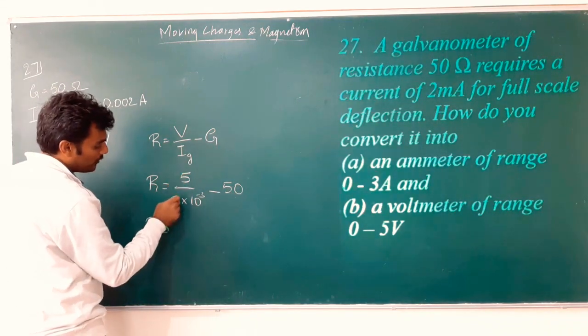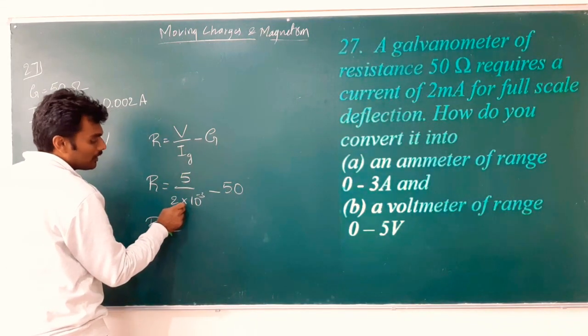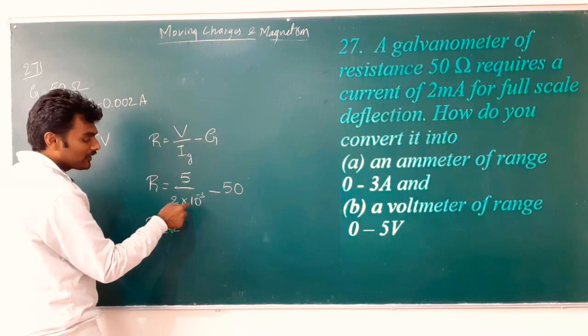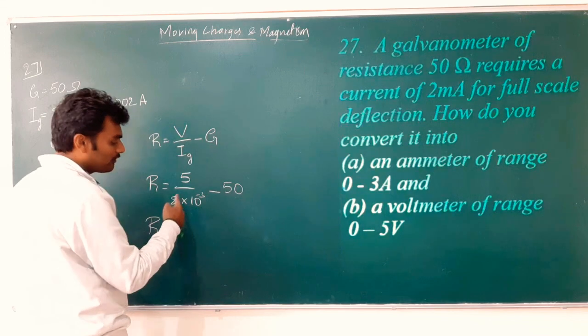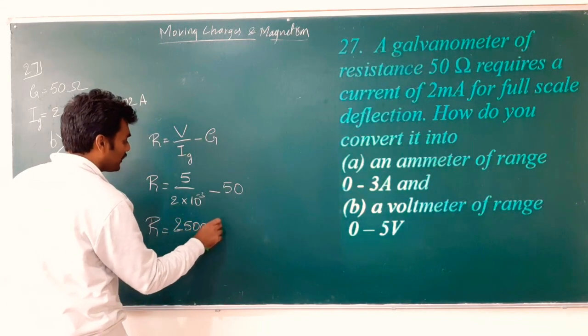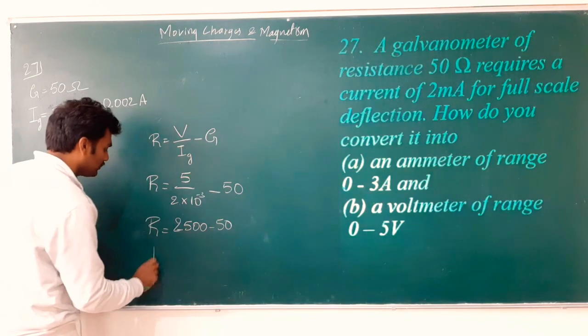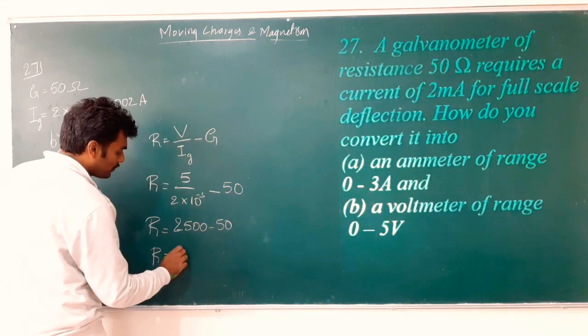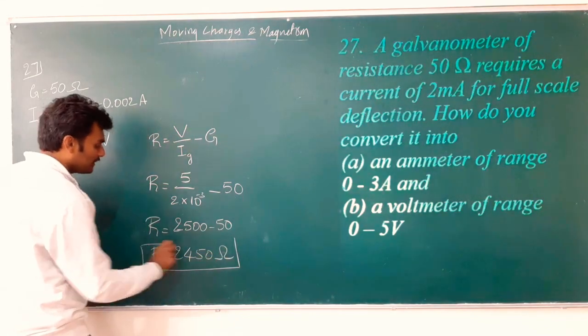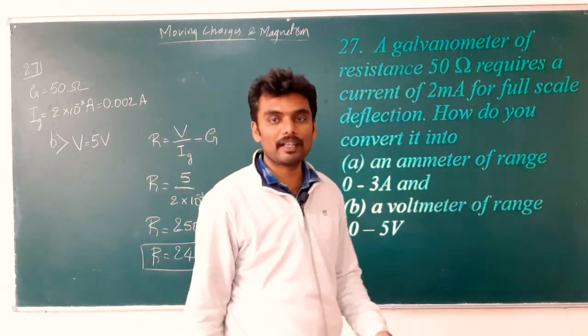So look at this, 5 by 2 is 2.5, right? 2.5 into 10 to the power of minus 3. How much is that? 2.5 into 1000. It is going to be 2500 minus 50. So the resistance is 2450 ohm.